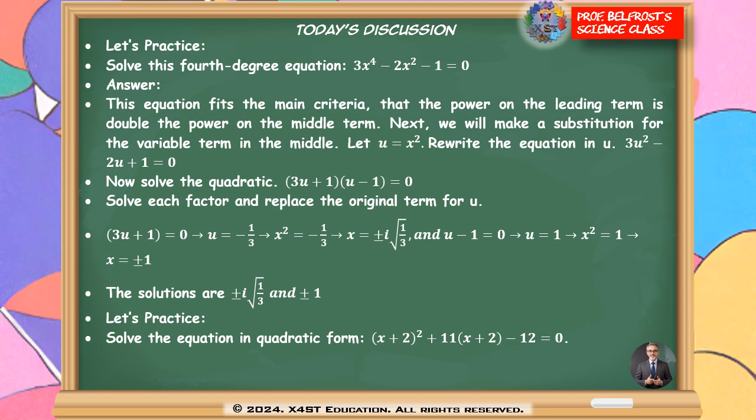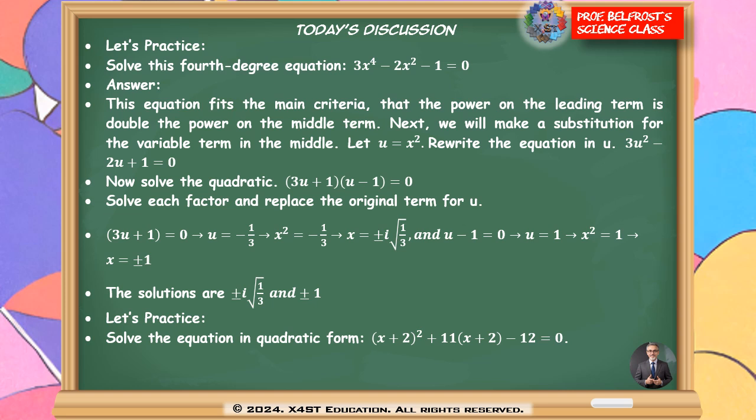First, you say, for example, x squared is u, and then you can create a new equation, which is 3u squared minus 2u plus 1 equals 0, and later you substitute the u value to be x squared after you solve.